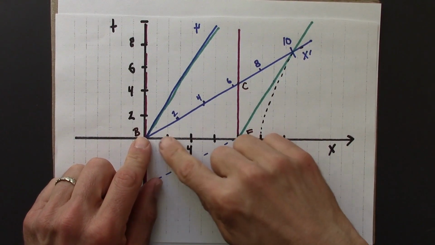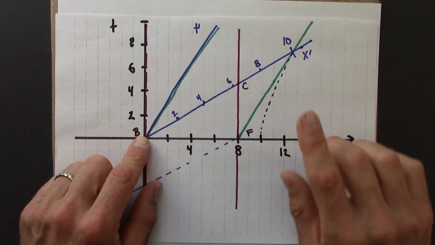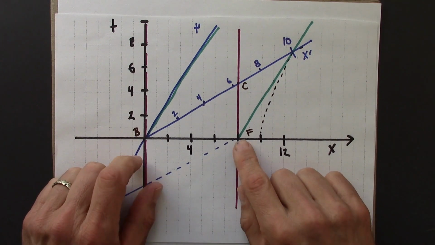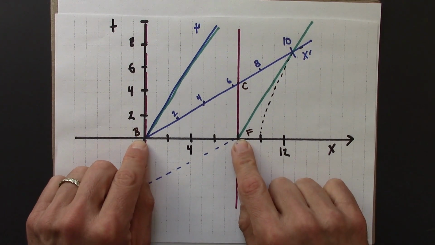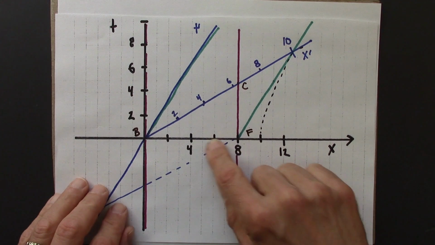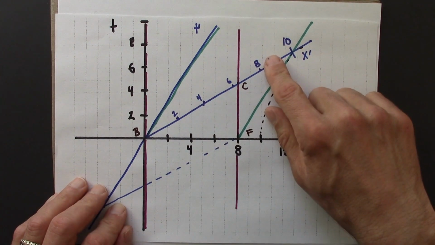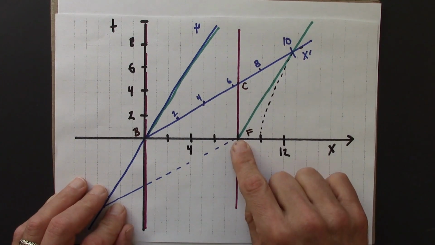I argued that this diagram shows us that in the moving frame, in the primed Beowulf frame, event F occurs before event B. What I want to do now is figure out the space-time coordinates of event F in the primed frame. And I'm going to do that two ways.